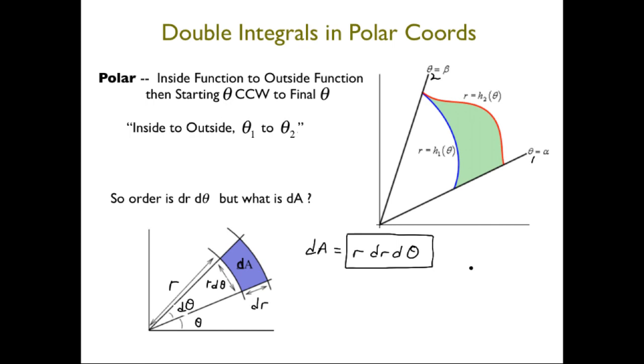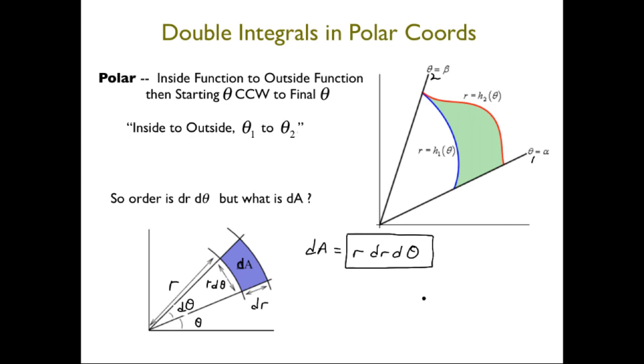It matters how far away you are. Down here, that little length is short, but out here, that little length is a lot bigger. Our arc length formula is radius times angle measure, and that gives us that little arc length right there. So we need r. But the order is dr d theta. So r d theta gives us that dimension, and then times dr gives us dA.